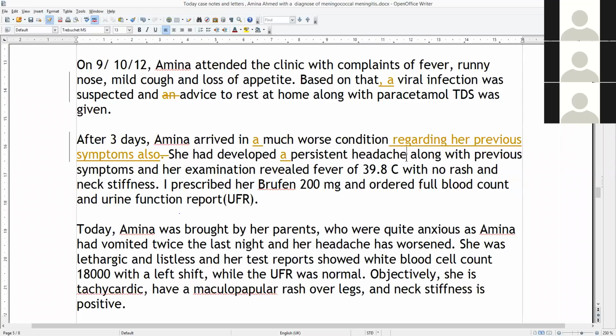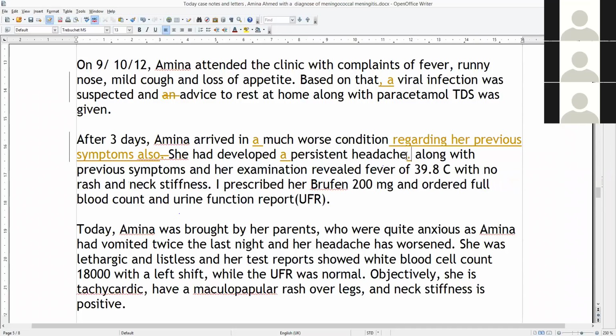So that makes it clearer now as to what is going on. Her previous symptoms were worse and the headache developed afterwards. Also she developed a persistent headache. So I would end that sentence there, right?